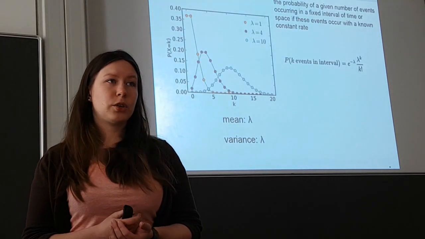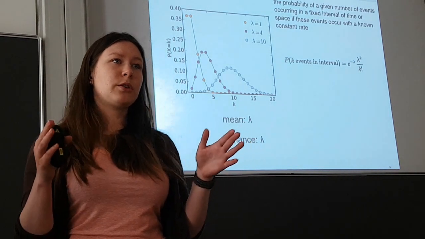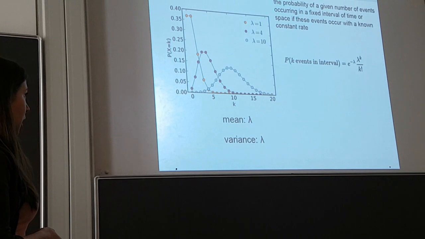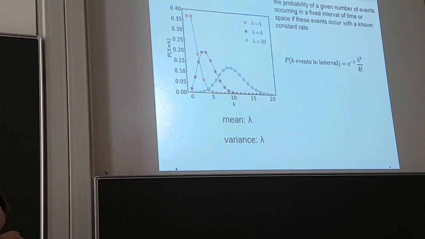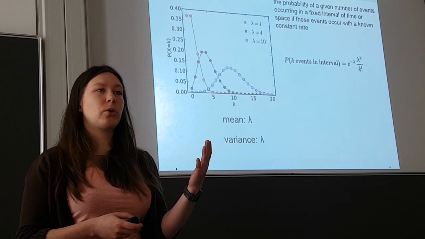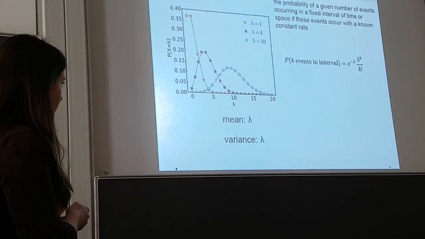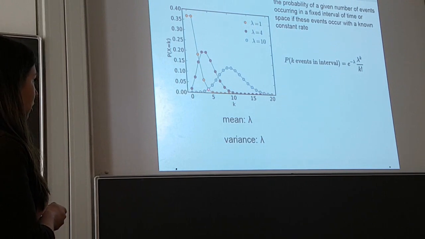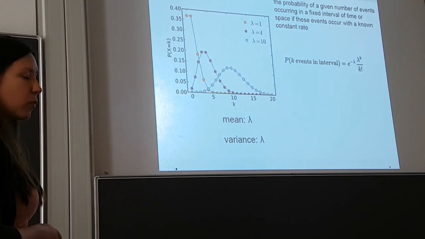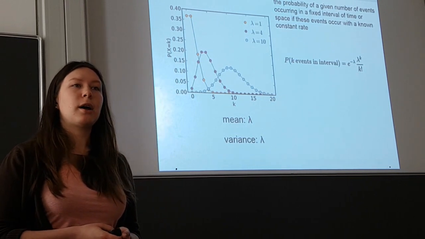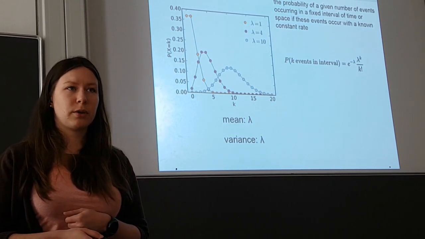So the Poisson distribution is good for modeling counts, and what the Poisson distribution describes is the probability of a given number of events happening in a specific fixed interval of time with a specific rate. The intuition behind it is, imagine an emergency room, and you know that in half an hour you might expect one patient. So this is lambda equals 1. One patient is coming every half an hour. And you might ask yourself, okay, what is the probability that I will see 5 patients in this half an hour?